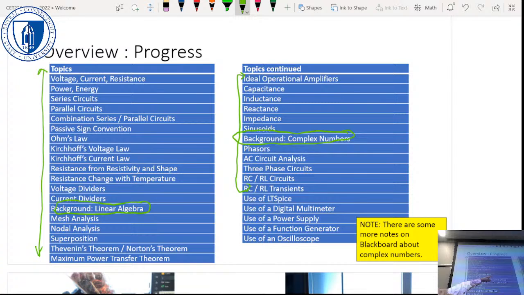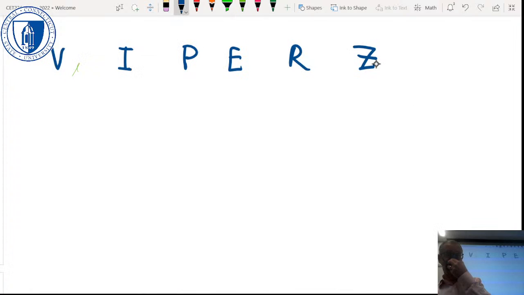Okay, so let me start talking about the stuff we've got to talk about. Right? I use that acronym to start everything off. Right, so we've got, let me see if I can make it a bit smaller, there we go. So V is for voltage, right? The units are volts.